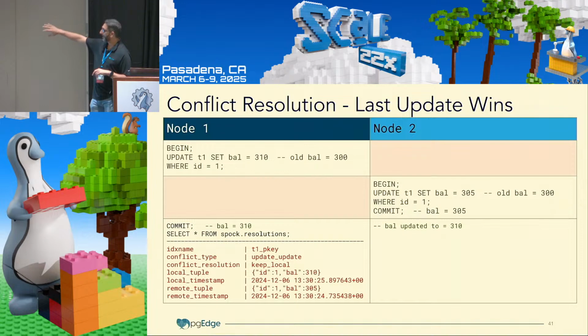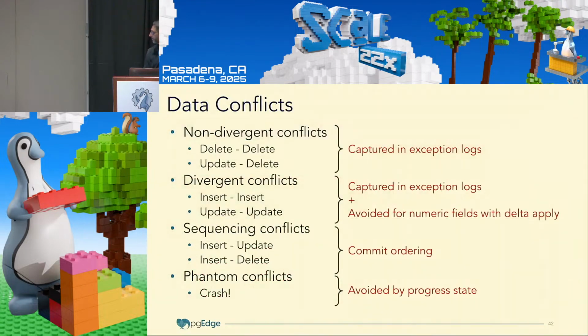So in this particular case, once you start a transaction on one node and you do a transaction on the other node in the meantime, now you basically have a conflict here, and that conflict is then registered in a conflict table. In this particular case, you have a resolution because it all gets resolved to a consistent value on both nodes. So you have a resolution which informs you what has changed and the details.